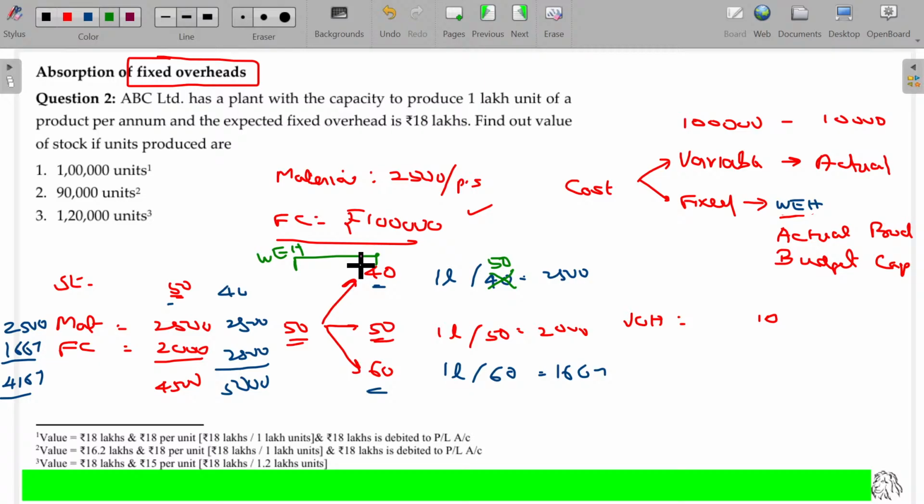I got only 40 students admitted. So what number will be taken for calculating the fixed overhead per student? Actual or budget, whichever is higher will be taken. So whichever is higher means 50. 1 lakh divided by 50, 2,000. So this one is incorrect. 2,500 for material, 2,000 for fixed cost, 4,500 is logically correct.